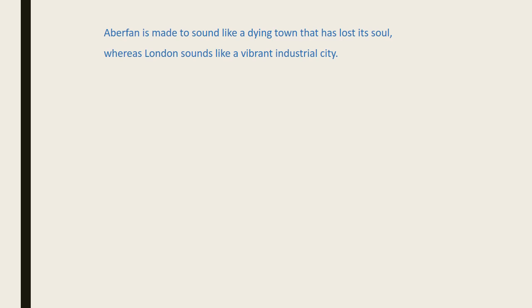So there's my statement, my S. That's why it's in blue here. Now, here's the quotation. The quotation for Aberfan, first of all. Now this is where I've had to look into the text, which you've got there in front of you, and I've had to find an example which has told me that it's a dying town. Well, what did I read that told me it was a dying town that's lost its soul?